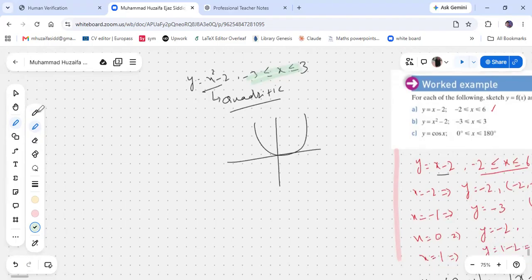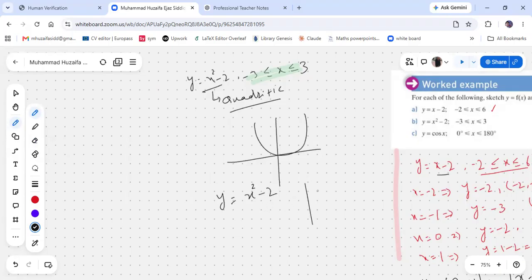So I'm moving to the absolute of that function. Our function is y is equal to x square minus 2, an absolute function.